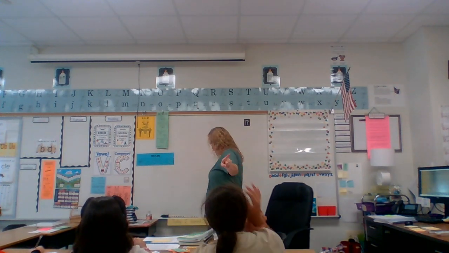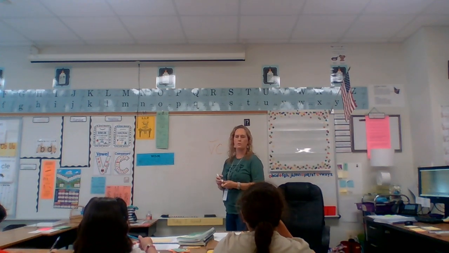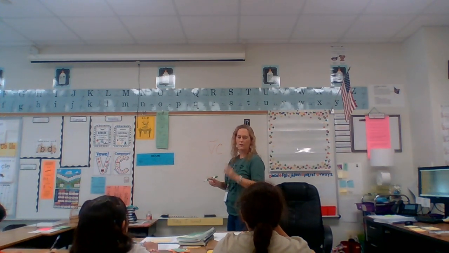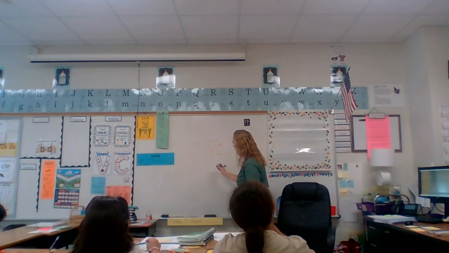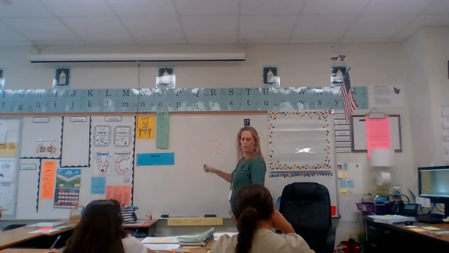All right. Let's look at line 3. Lines 3 and 4, hold that thought. You can ask me in just a minute. Lines 3 and 4 have something special. They have two words with vowel pair syllables. Remember, vowel pair syllables are two vowels that are adjacent to each other.